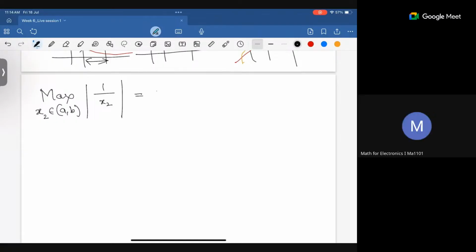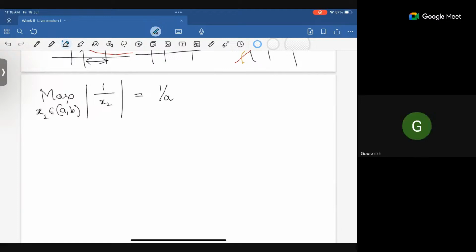The maximum value will be attained at a, and that will be 1 by a. You don't have to compute the derivative of 1 by x2 and equate it to 0. You don't have to do the standard approach. All you have to do is note that the leftmost point of the interval is the point at which the function attains the maximum value. That is what I wanted to say.